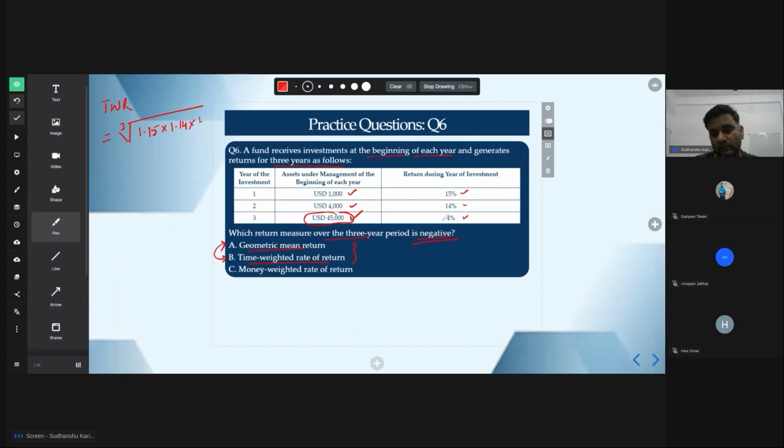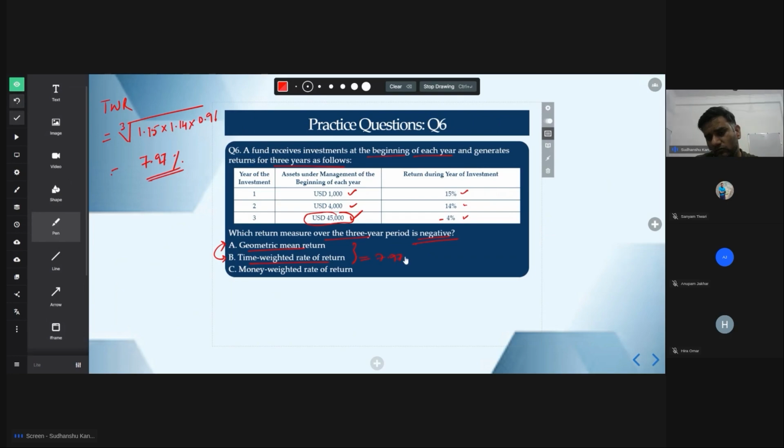This should be minus, I think. So this is 0.96. You solve it, you get 7.97. So my time weighted return is coming to 7.97.